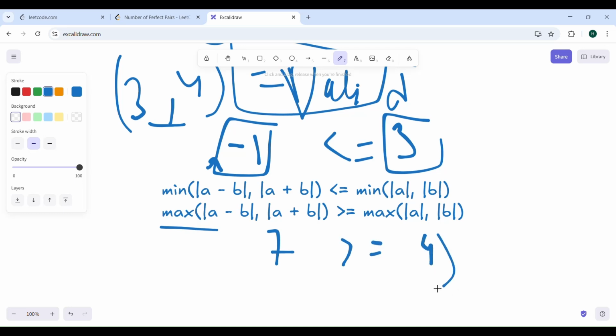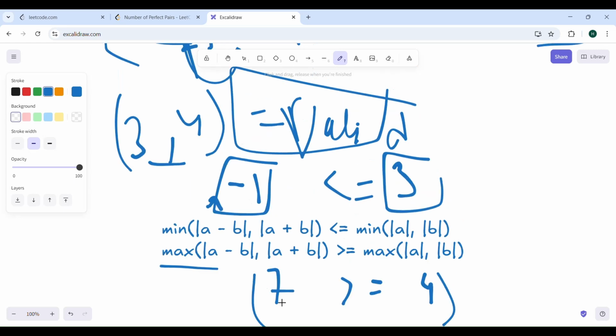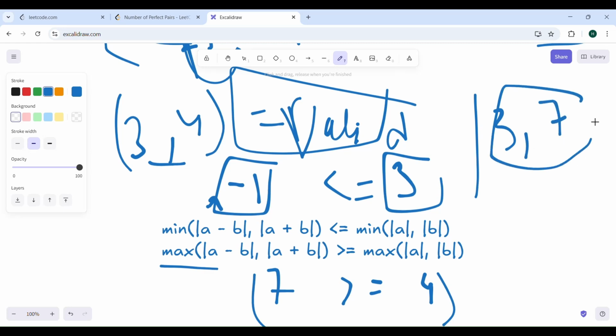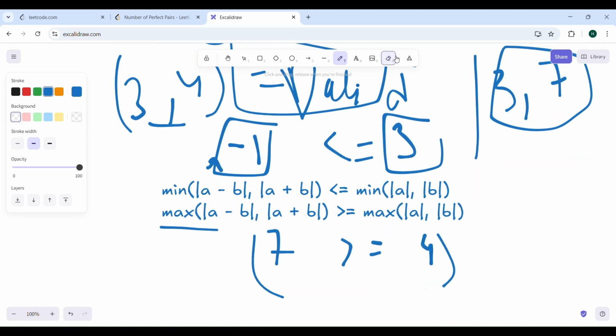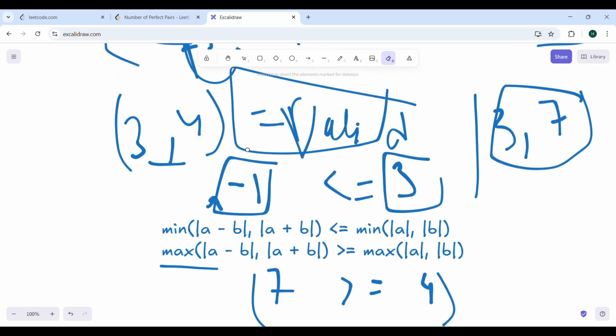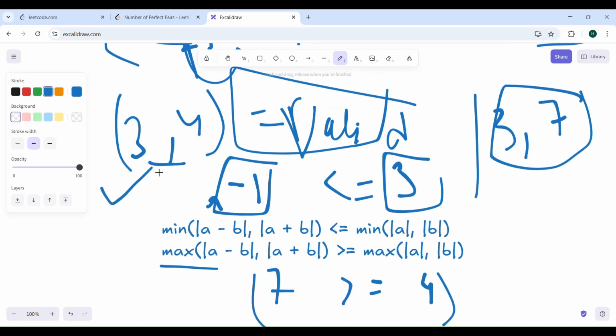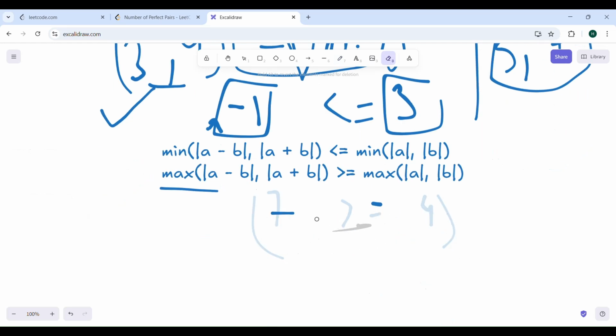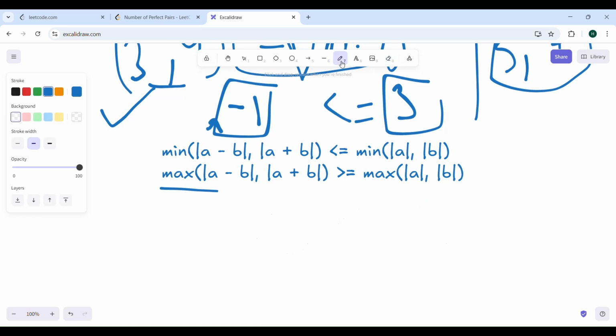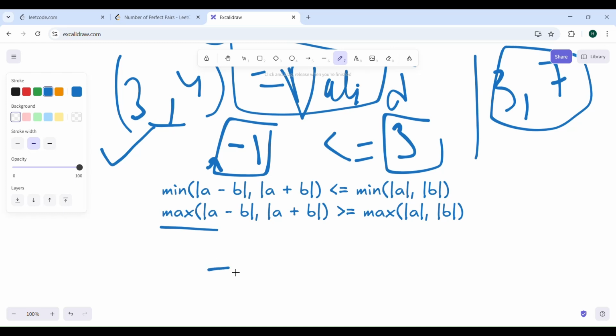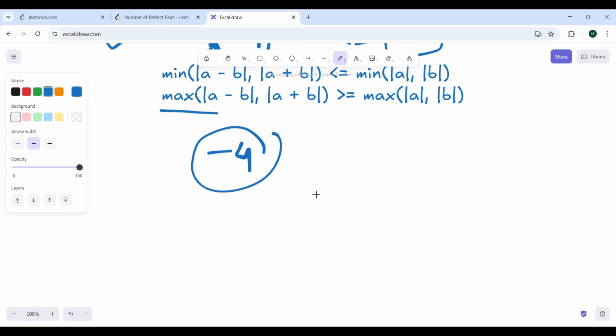Now if you look closely, and if I tell you to do it for 3 comma 7, look at something special. 3 comma 4 was special, or let's say perfect, but 3 comma 7 is not. Why? Let me show that to you. For 3 comma 7, the minimum value becomes minus 4, because with two positive numbers, the minimum you can get is by subtracting them.